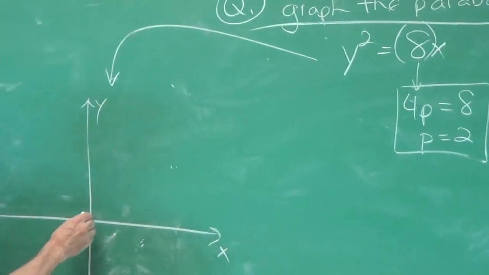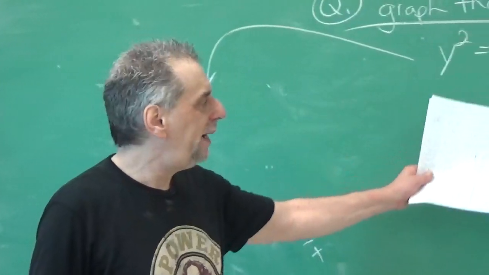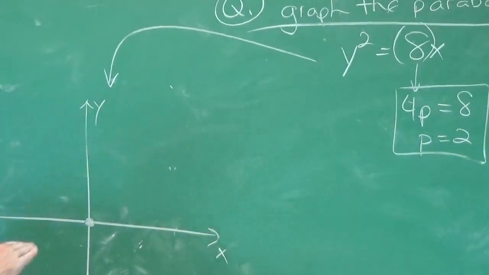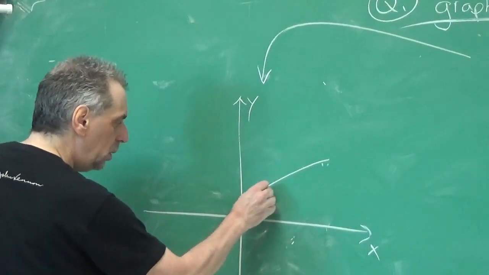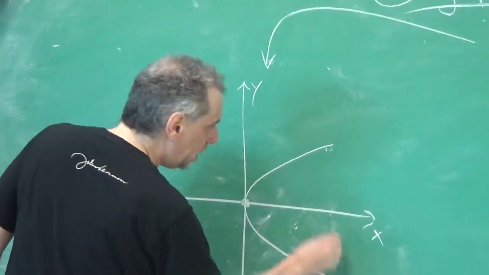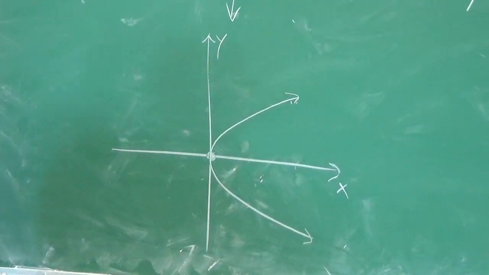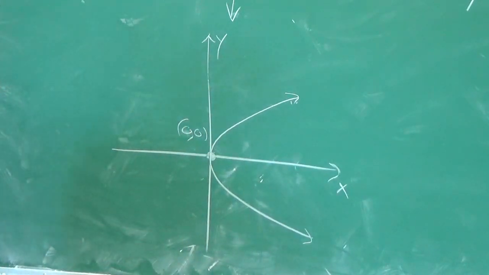So we know the vertex here is at (0, 0). And the 4p is positive. The squared is on the y, so we know it's opening along the x-axis in the positive direction. So we got a parabola that looks like that, and the vertex is at (0, 0).